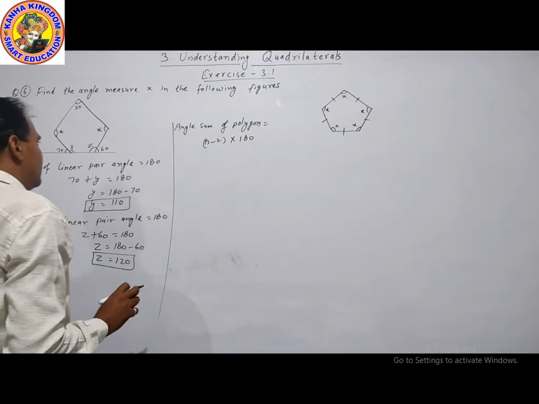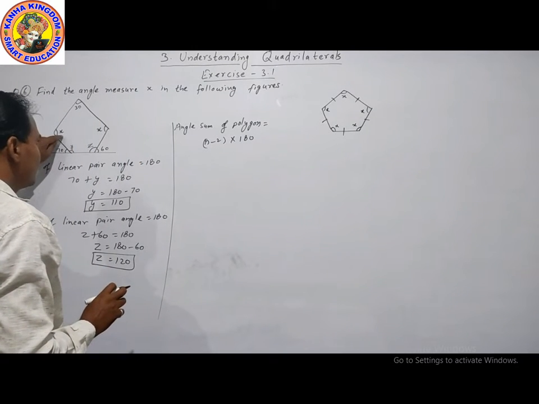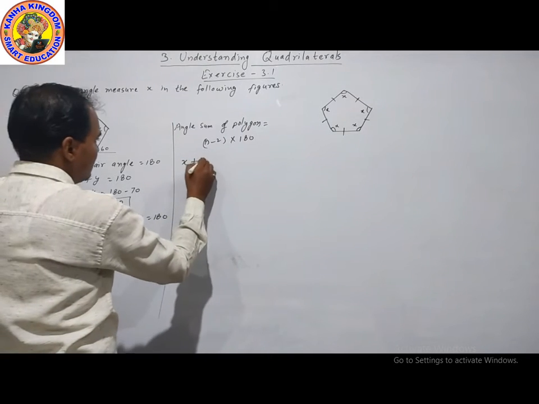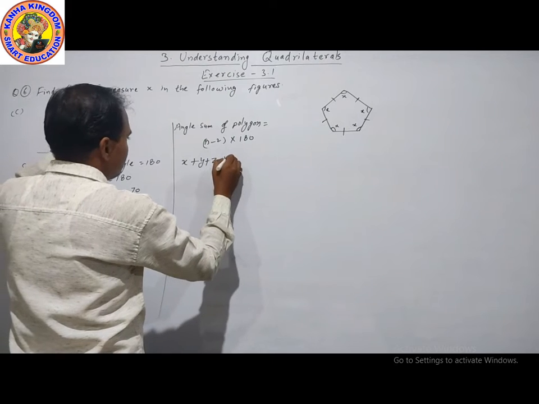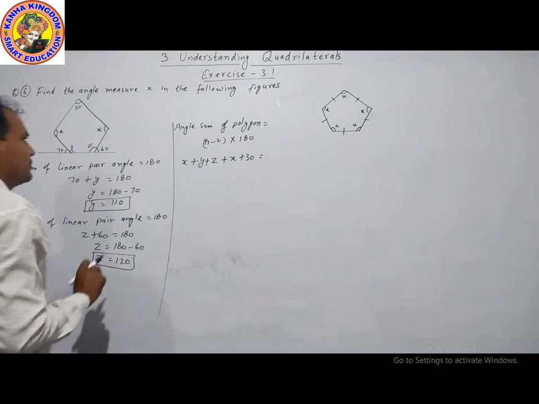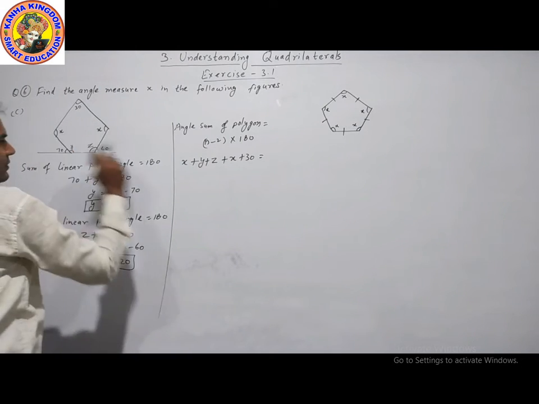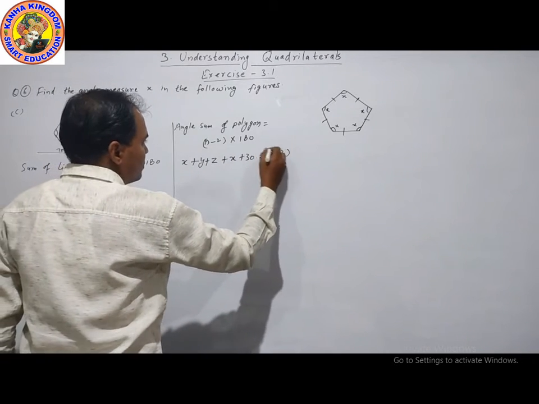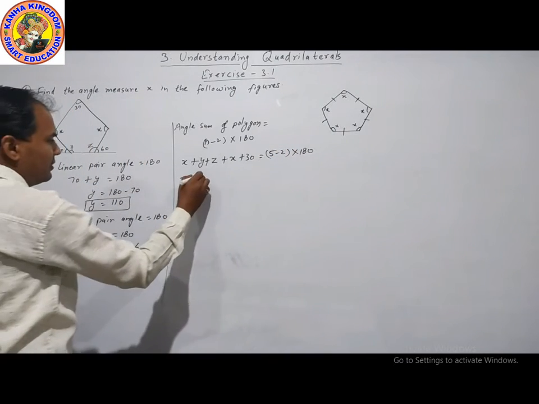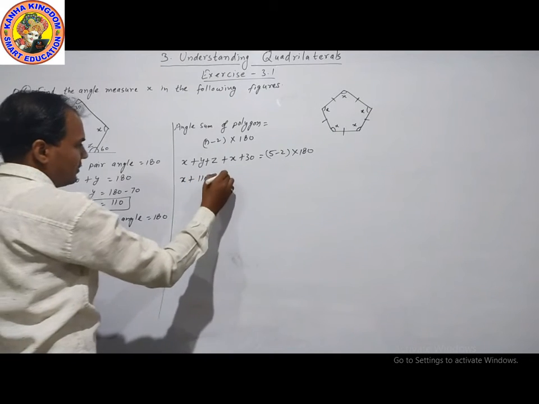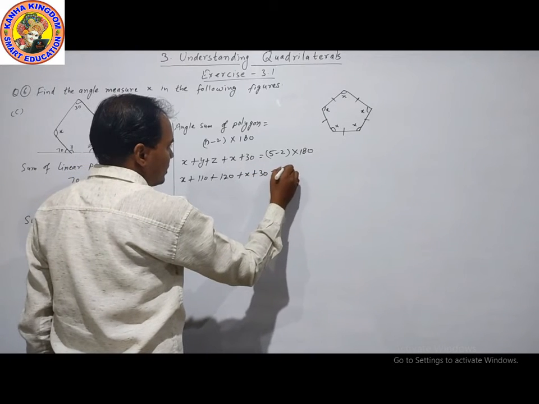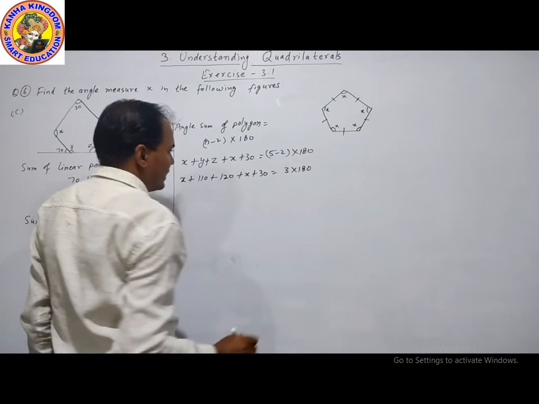Now angle sum is x plus y plus z plus x plus 30 is equal to n minus 2 into 180, n is number of sides, 1 2 3 4 5. The value of y is 110, the value of z is 120, then x, then 30 is equal to 3 into 180.